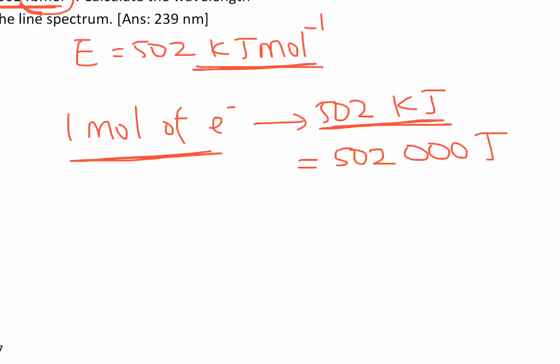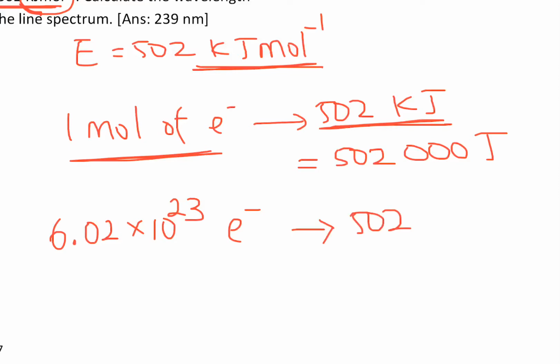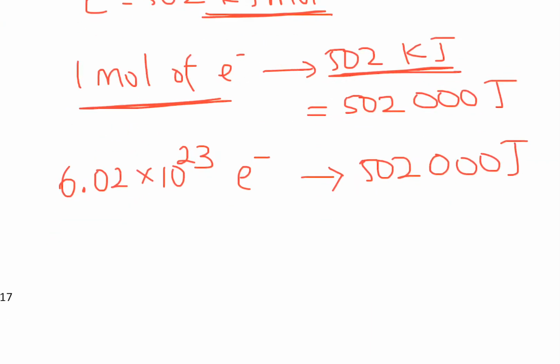How many electrons are in 1 mole? From Avogadro's constant, we know that 1 mole of electrons contains 6.02 times 10 to the power of 23 particles of electrons. This means that this number of electrons requires that amount of joules of energy to be removed. So 1 electron will require how many joules?